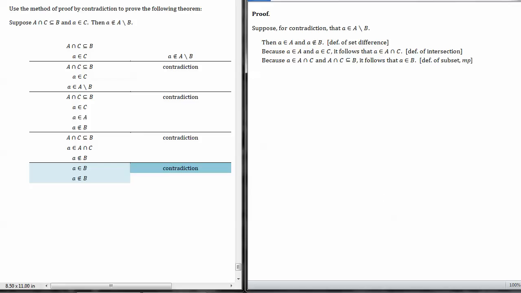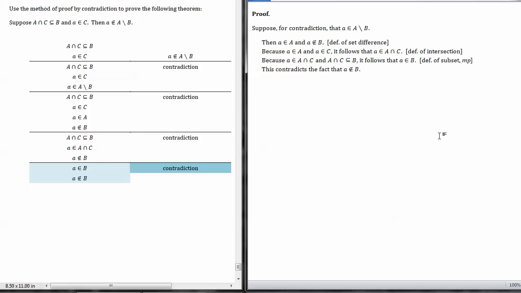And lo and behold, A is in B. This contradicts the fact that A is not in B, which we had up here from our assumption. So that's it.